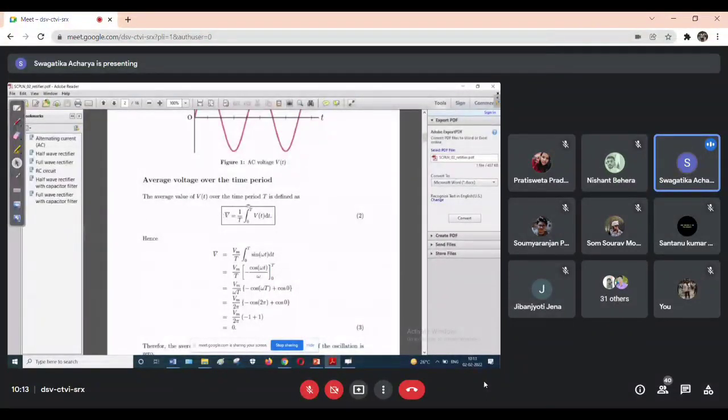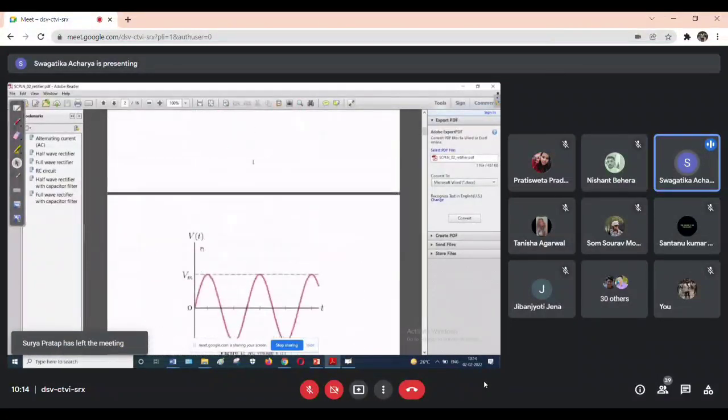V average will be 1 by T integration of 0 to T V(t) dt. Am I correct or not if I take the average? Whenever you are taking the average value, V(t) is given to you.